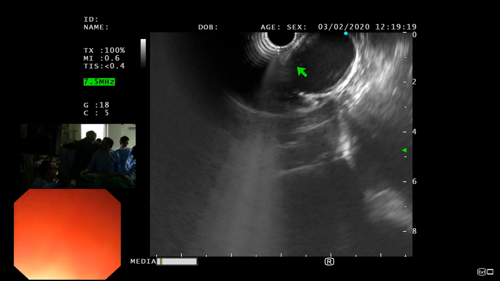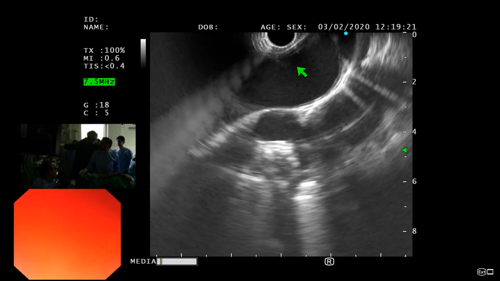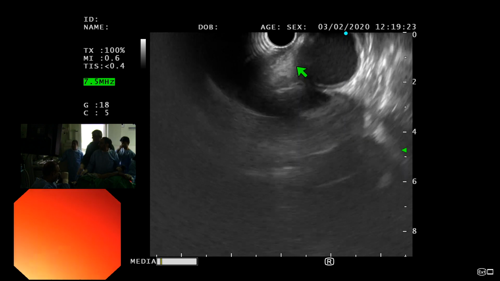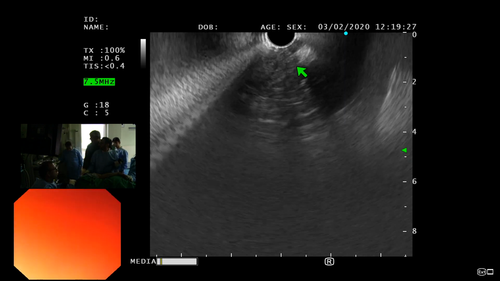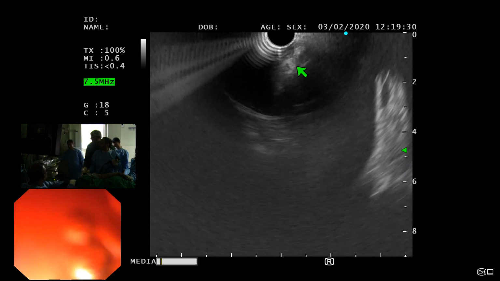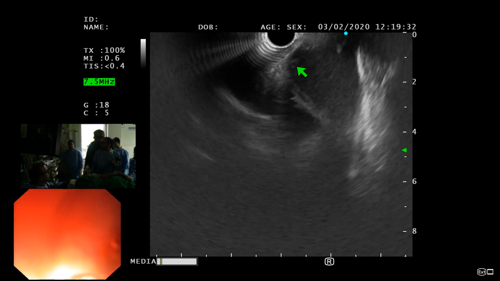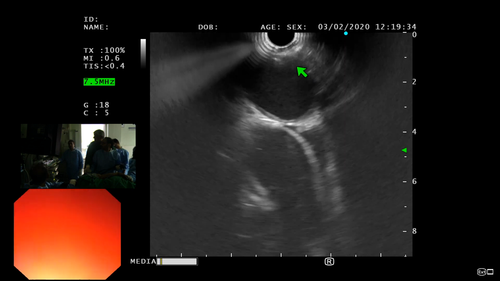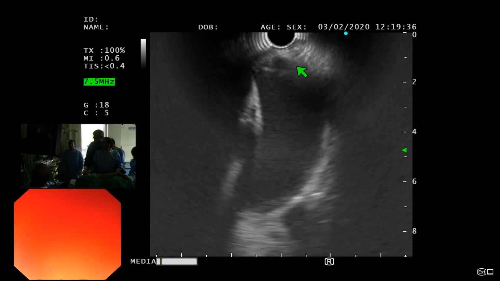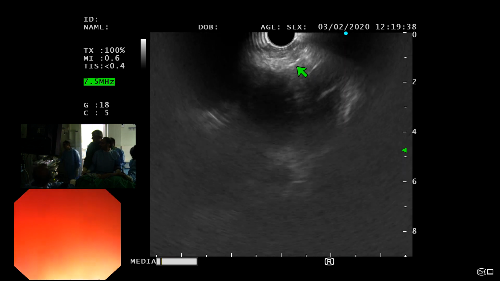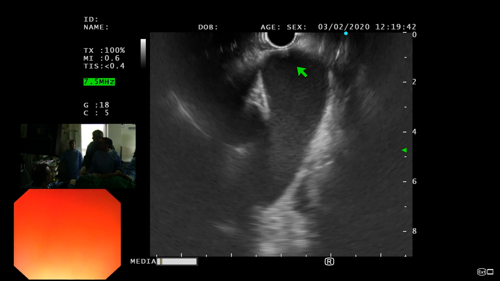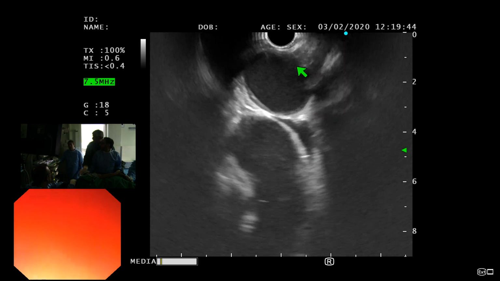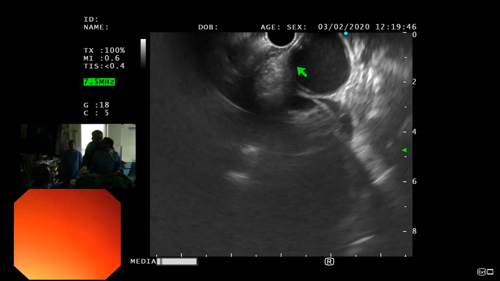So this is the pulmonary artery. Again pull back a little bit inside, wait a minute, bring it back a little, rotate it, and you should be able to see there. And go a little further, go in a bit, don't rotate it, just let it go.